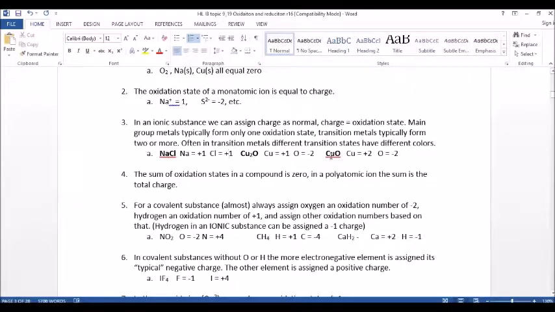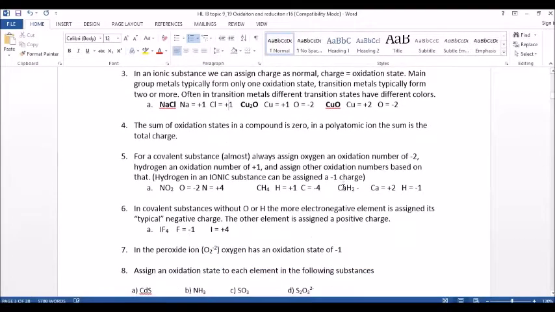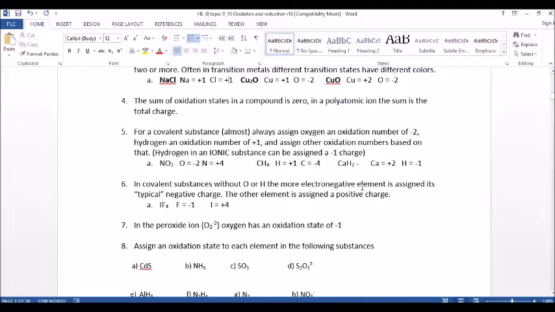We can tell that by looking at the periodic table. Cu is +2 to balance out the charge. So we've already done stuff like that. We did that last year. We do that all the time. Just a little rule: the sum of the oxidation states in a compound has to be 0. That's what I'm doing here. I'm assuming these things have to add up to 0. So that's why Cu has to be +1 here.